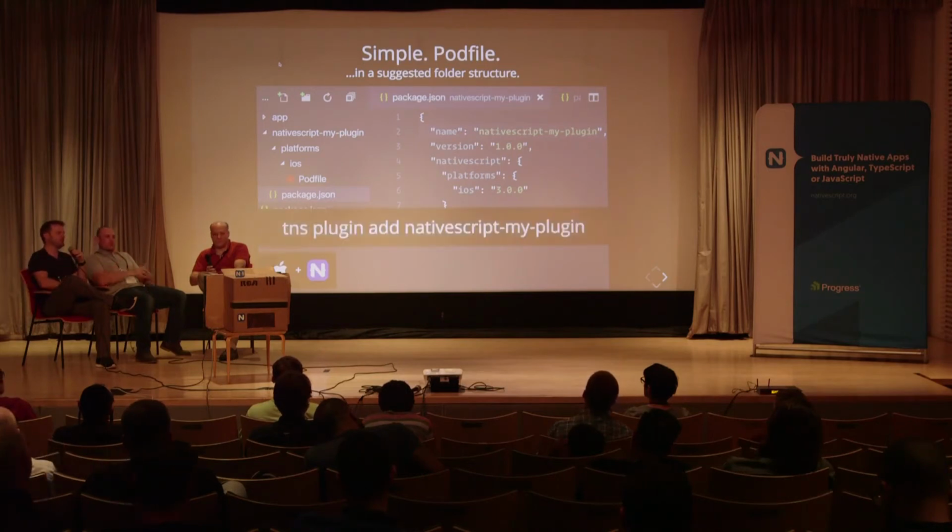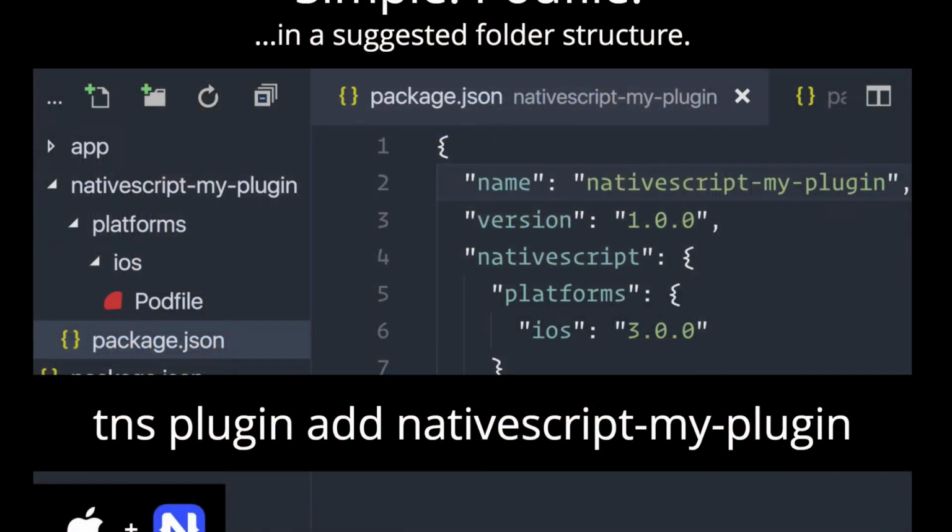So what we can do at this point is we can say TNS plugin add NativeScript my plugin. What TNS is going to do is it's going to default to look locally first. So it's going to find NativeScript my plugin as a folder right inside the root, and it's also going to pick up the package JSON because TNS works with NPM.